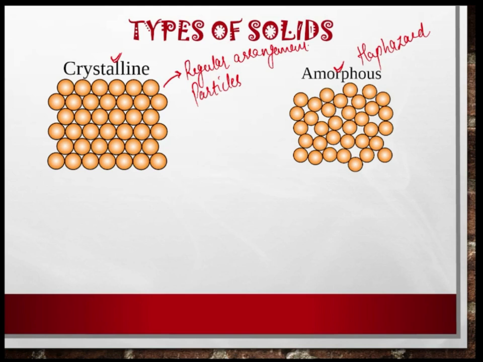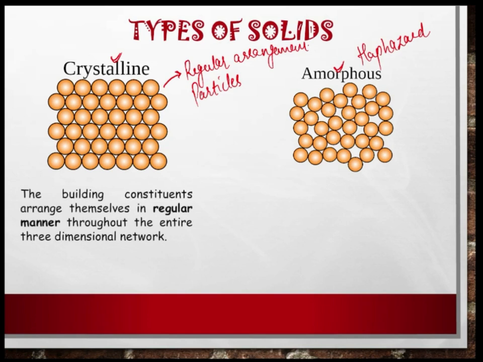A crystalline solid is when the building constituent particles arrange themselves in a regular manner throughout the entire three-dimensional network. Very important: a regular arrangement of constituent particles throughout the entire three-dimensional network is known as a crystalline solid.